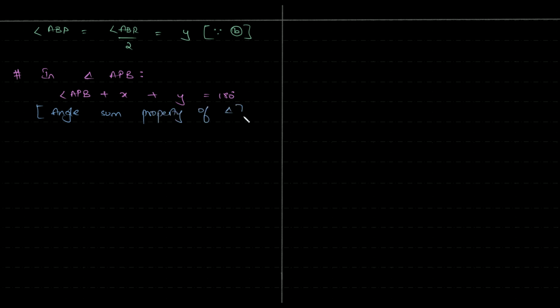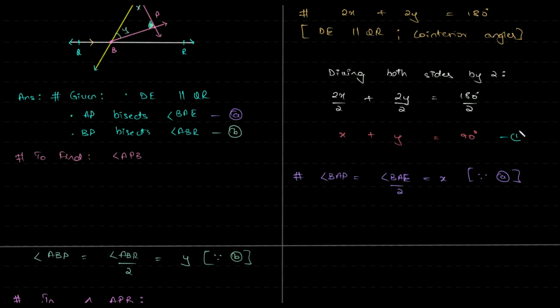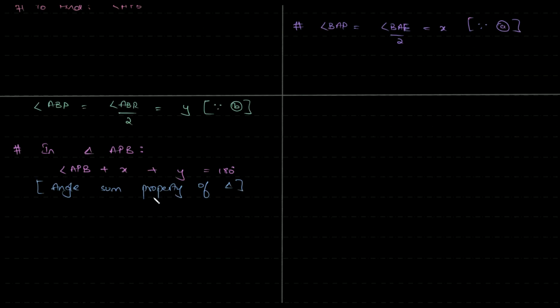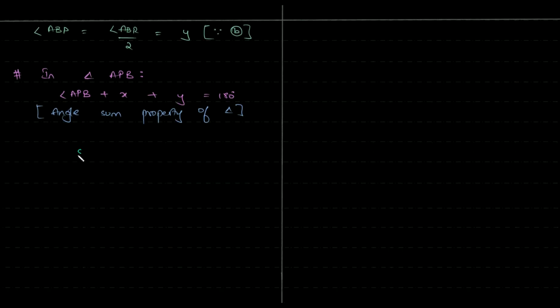But x plus y is what? As per the equation, I'll call this 1. So if I substitute from 1, x plus y is 90 degrees. So we have angle APB plus 90 degrees is equal to 180 degrees, and minus 90 degrees from both ends, so we have angle APB is equal to 90 degrees.